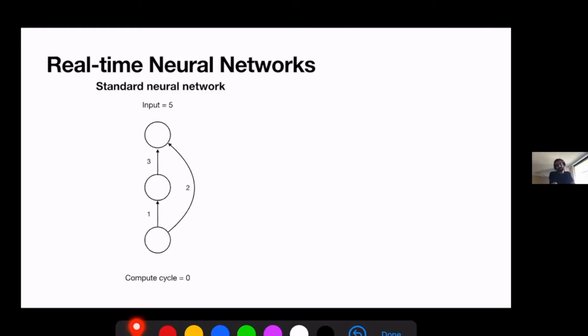For instance, if you have an input of 5 and you have this simple neural network, then in the first step, you would compute the first node. In the second step, you would compute the value for the second node. And in the third step, you would compute the value for this third layer. So you need 3 sequential processing steps to compute the prediction of the neural network. And that's bad because we want a completely distributed system.